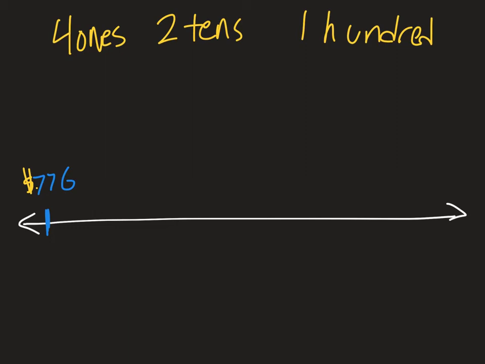But how does that look when we're using a number line? Well, actually, it's not that difficult at all. I'm going to start off by erasing this number up top because I want to rewrite it down here so it's nice and easy for us to see. Okay. And writing it in yellow, we're starting from $776.